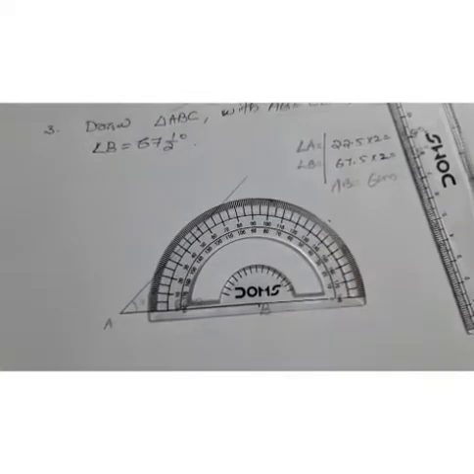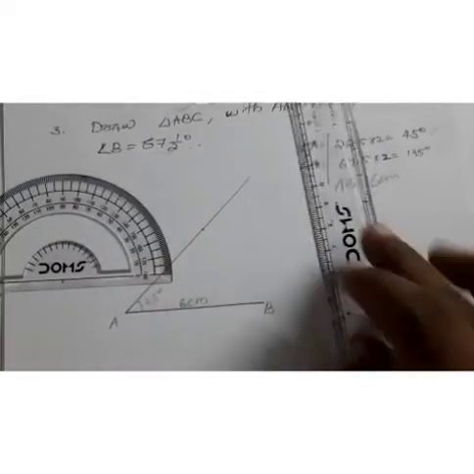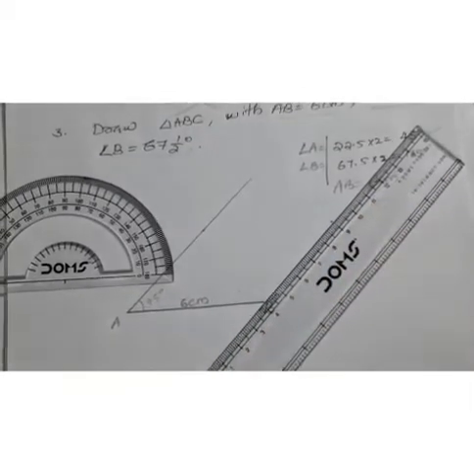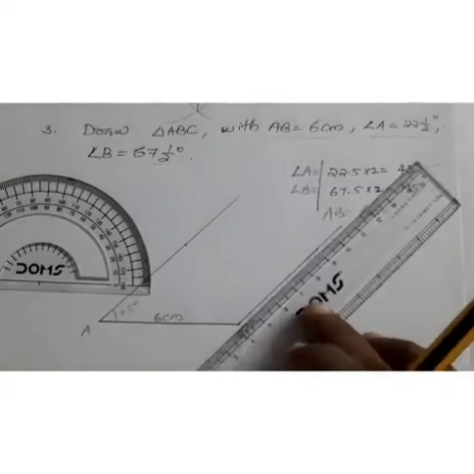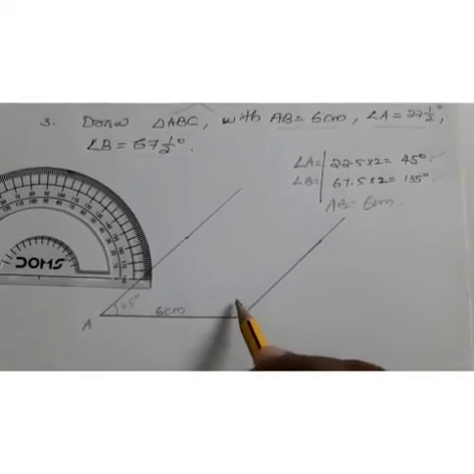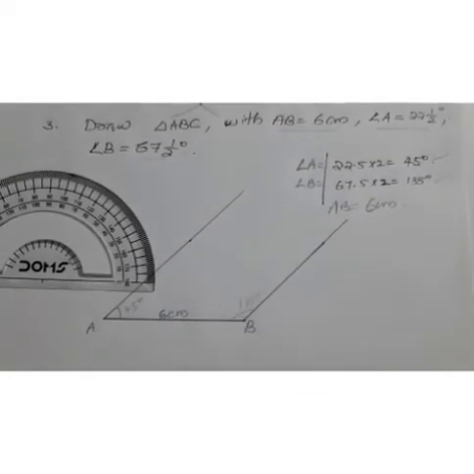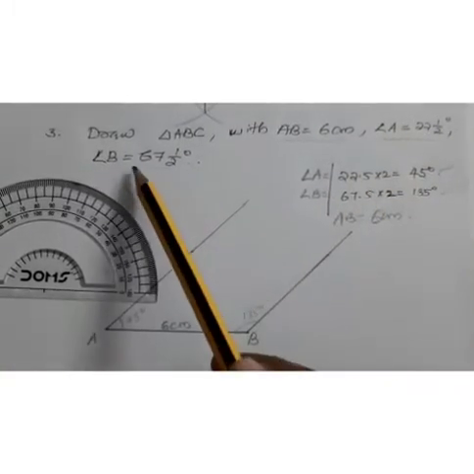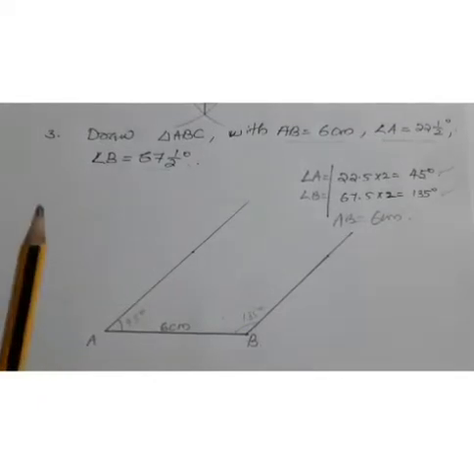So this is the measurement. Then draw the line. So this angle, how much you got? 135 degree. We need how much? Angle A as 22.5 and angle B as 67.5.